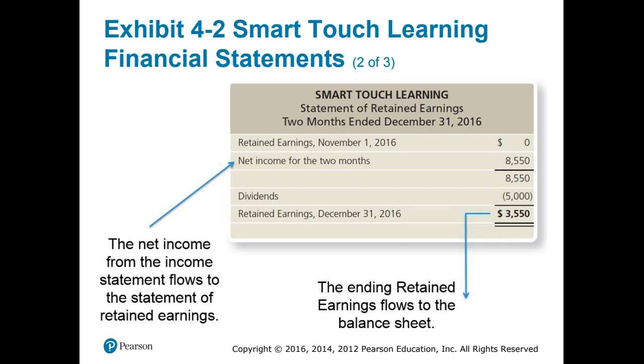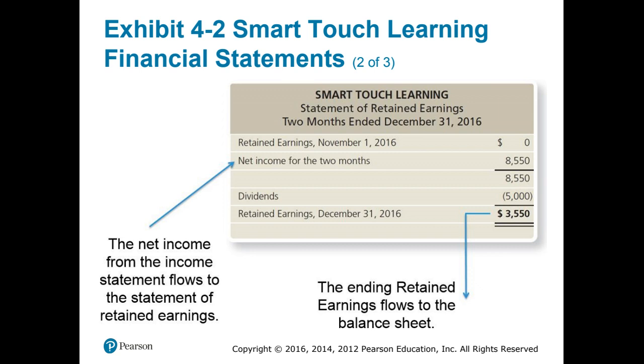We have our retained earnings as of November 1st was 0. And then our net income for the 2 months is $8,550. We're going to add those together. We're going to take out our dividends. Our dividends were $5,000. So our retained earnings for December 31st is $3,550.